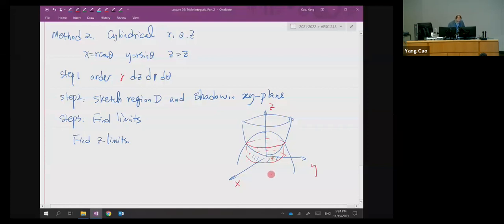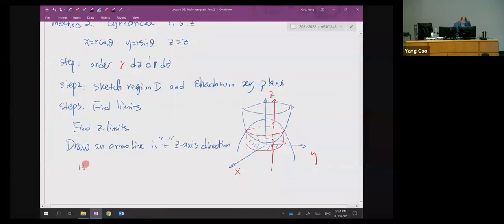Within the shadow, you draw an arrow line in the positive z-axis direction. So, first contact gives z min. The second contact gives z max.